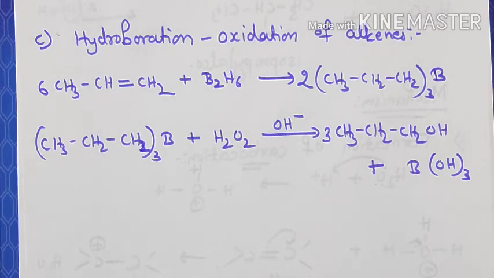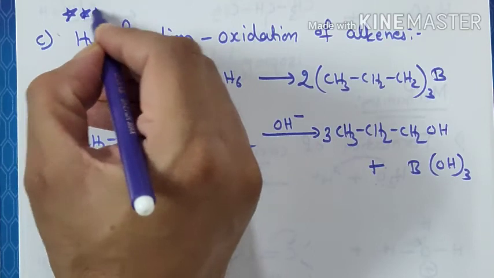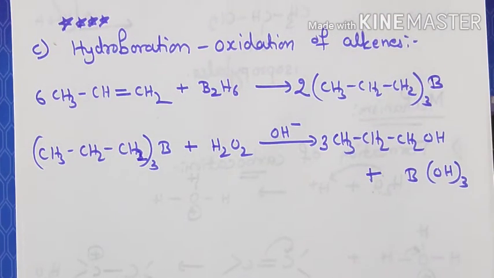This is the reaction. Obviously you have to understand how this happened, and that's very important. We will also try to understand the mechanism. Everything we'll understand, and it is really important, student. That's why it is 4 star.